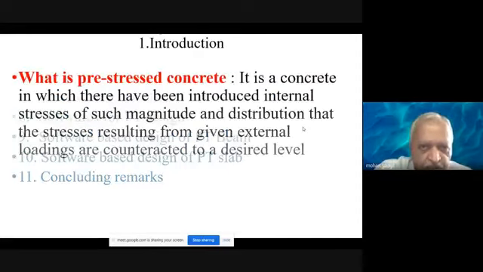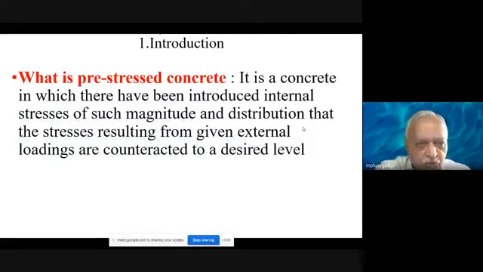Now let us consider prestressed concrete. Basically, prestressed concrete, as you all know, is concrete in which there have been introduced internal stresses of such magnitude and distribution that the stresses resulting from given external loading are counteracted to a desired level, which means you have a structure, maybe a slab or a beam.